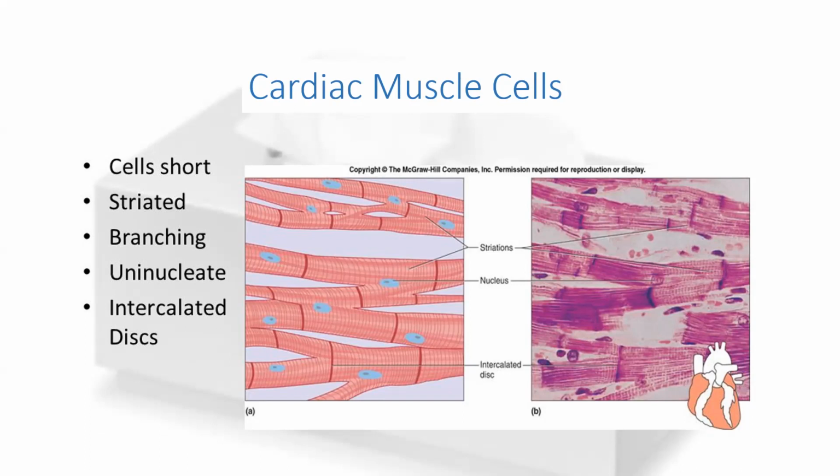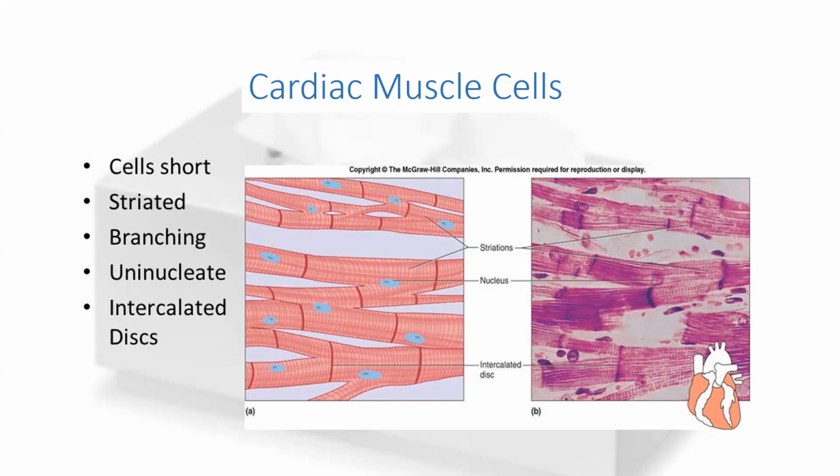And what this does is allow an electrical impulse to travel through the heart so that the entire heart contracts at one time. Every cell in the heart contracts together with the same strength. It isn't like an arm muscle, where only the cells that are stimulated are going to contract.